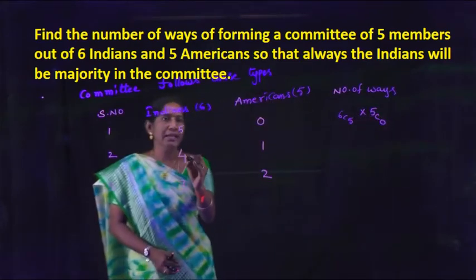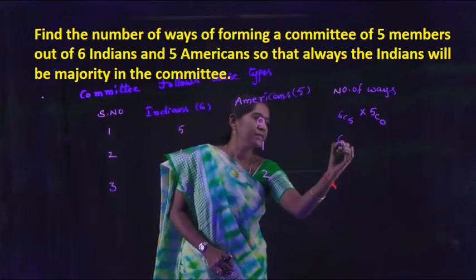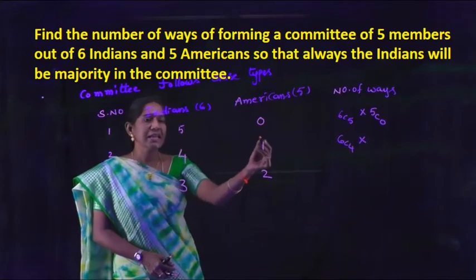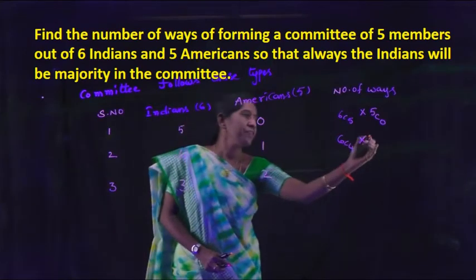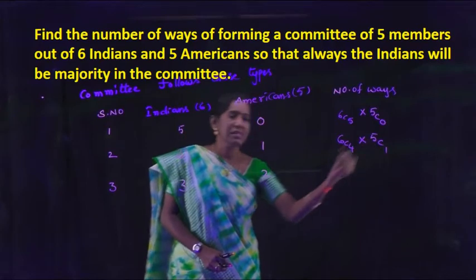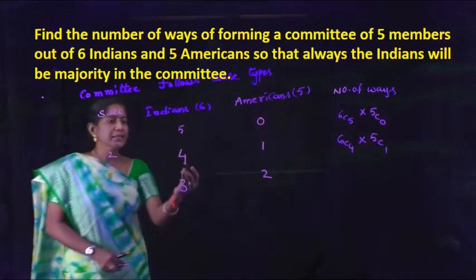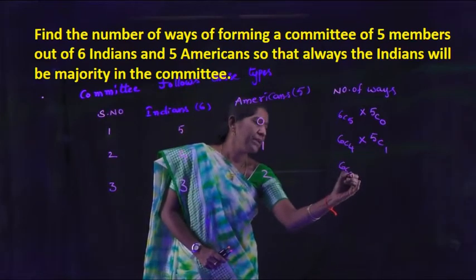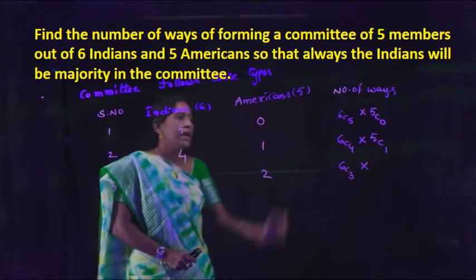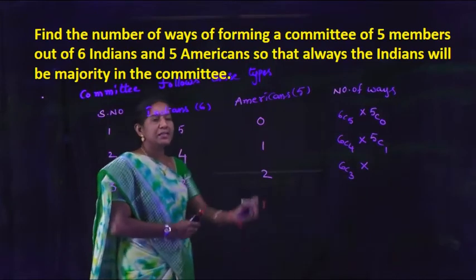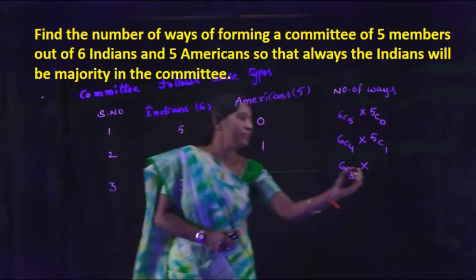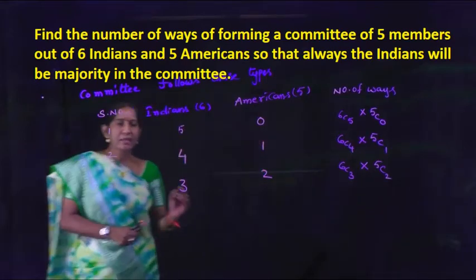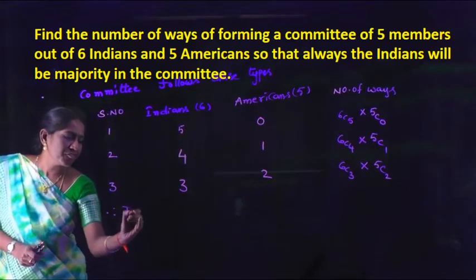Select 4 Indians out of 6 Indians in 6C4 ways and into select 1 American out of 5 Americans in 5C1 ways. Select 3 Indians out of 6 Indians can be done in 6C3 ways and into select 2 Americans out of 5 Americans can be done in 5C2 ways.